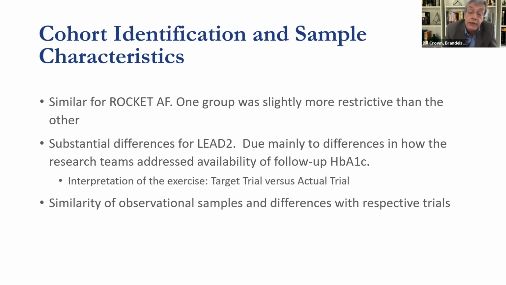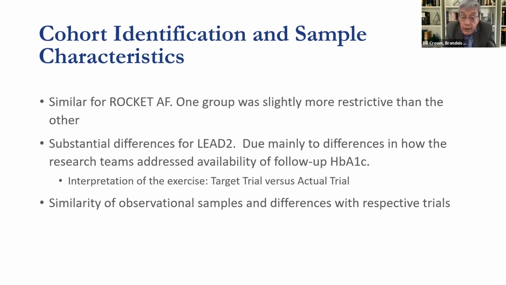And this led to big differences in sample size because the actual trial required follow-up hemoglobin A1C levels in order to measure change in hemoglobin A1C levels. And that introduced a very large missing data problem for the follow-up hemoglobin A1C. The other research team dealt with that as a censoring issue and used inverse probability weights to adjust for the missing data.